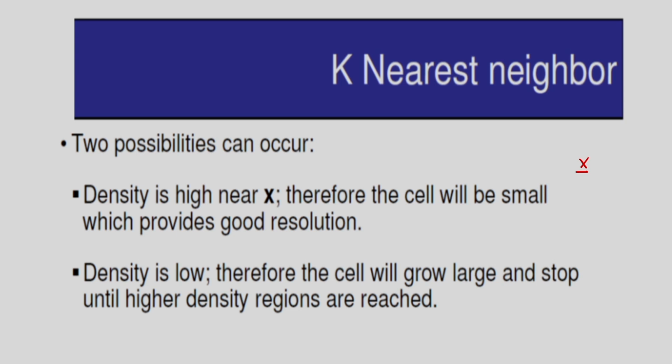In the second case, the density may be low, therefore the cell will grow large and stop only when higher density regions are reached. So, I have to increase the volume so that it encloses Kn number of samples. So, these are the two conditions of the k nearest neighbor technique.